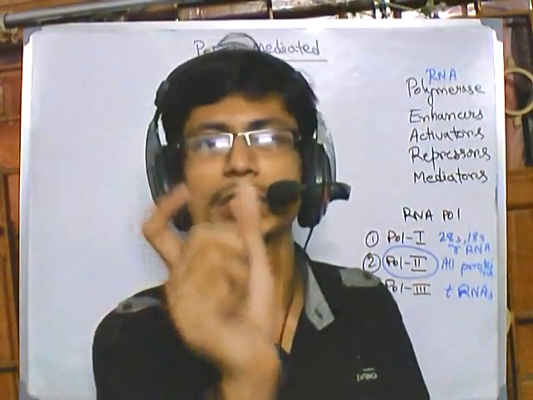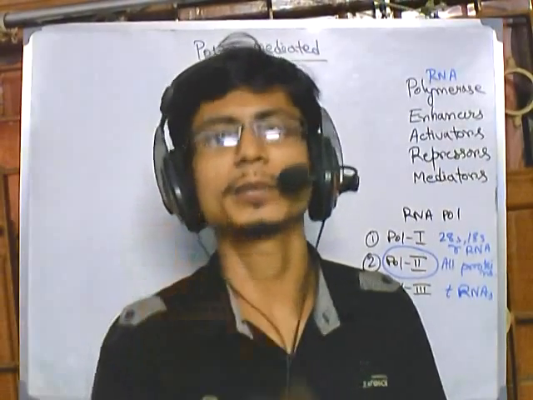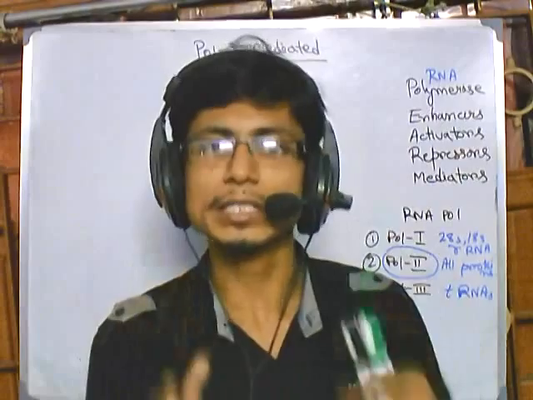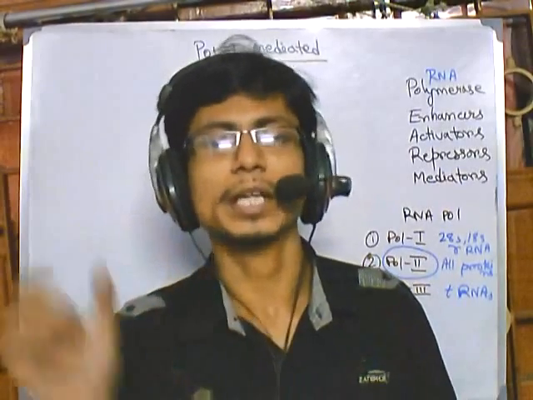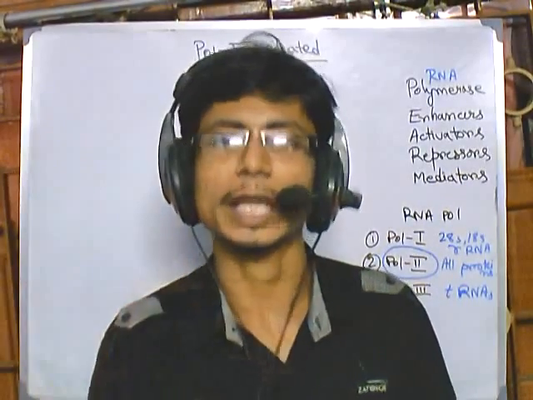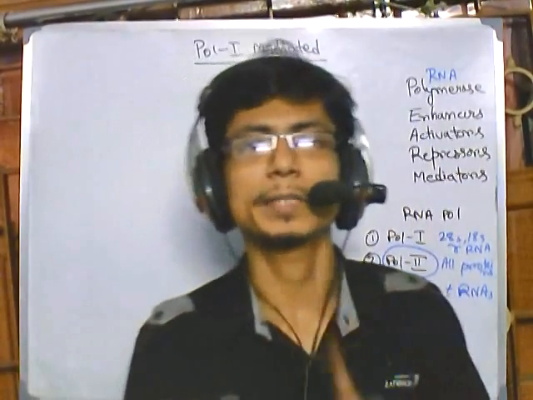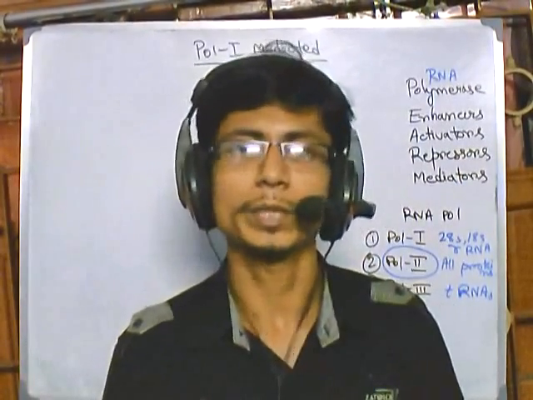Whenever I tell you these terminologies, you have to catch them. So you must learn these terminologies first. You must learn prokaryotic transcription at a basic level first, then come back and see this video. Otherwise you won't be able to understand this. You won't be able, right?